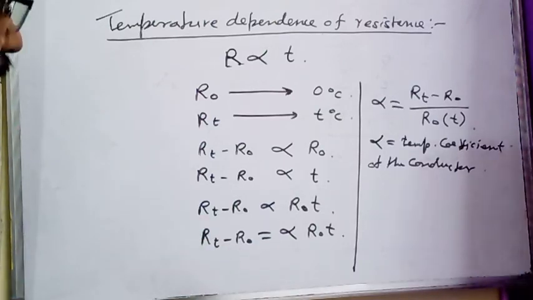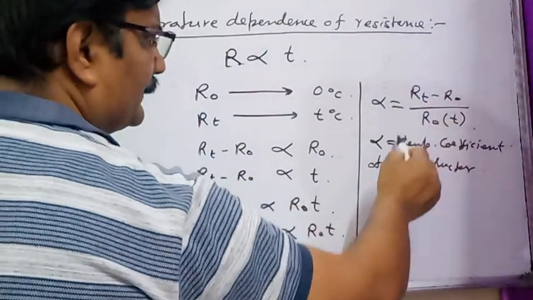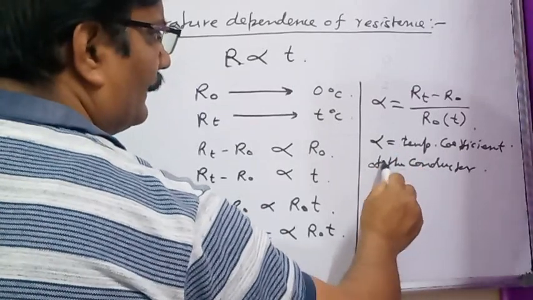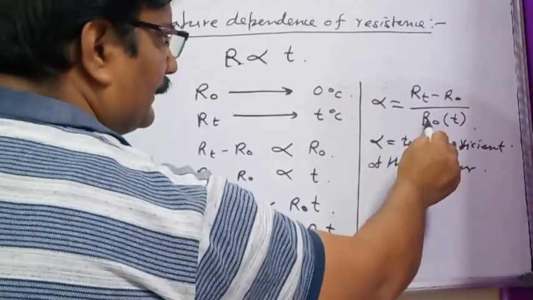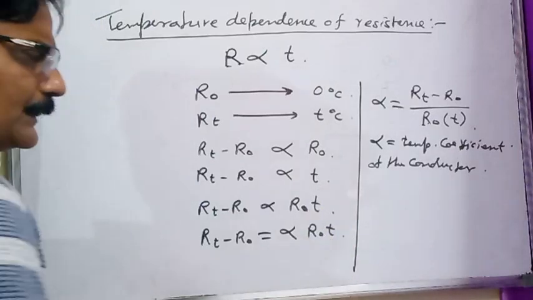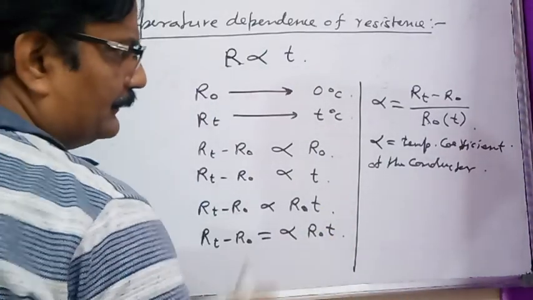So what is the thermal coefficient of conductor? Thermal coefficient of conductor is increase in the resistance of a conductor per unit original resistance per unit rise in temperature.